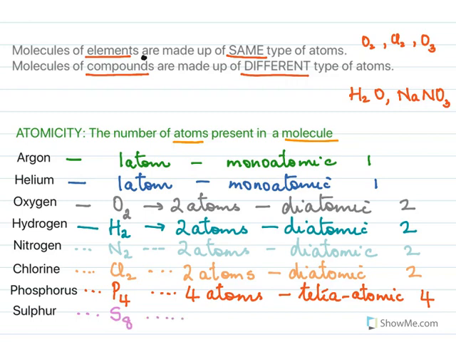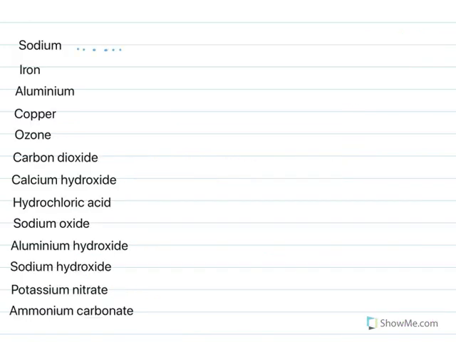Anything more than 4 is called polyatomic. It's got 8 atoms. One molecule of sulfur is a group of 8 atoms. 8 atoms together of sulfur make one molecule, and this is called polyatomic. Atomicity 8. Next is sodium. Sodium is 1 atom and it is monoatomic.